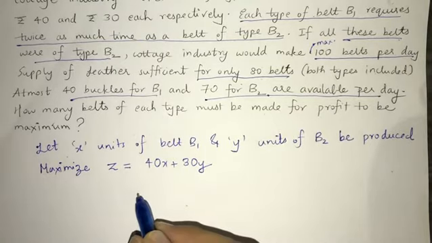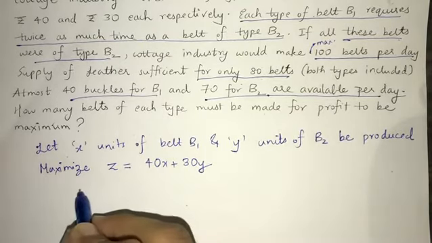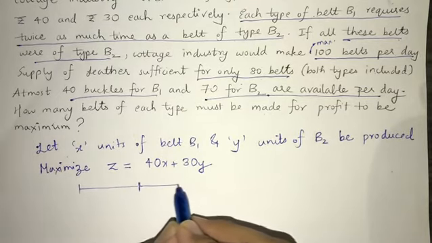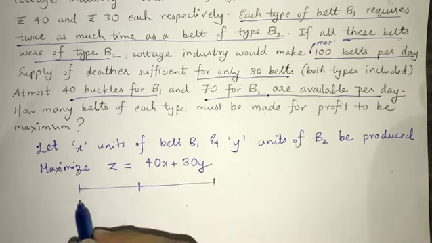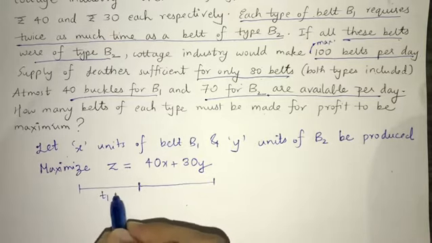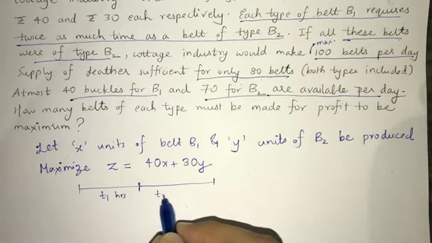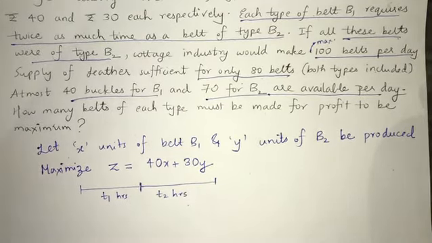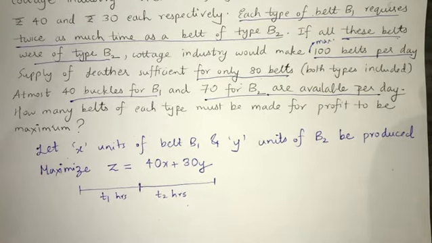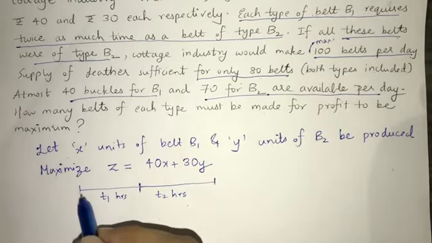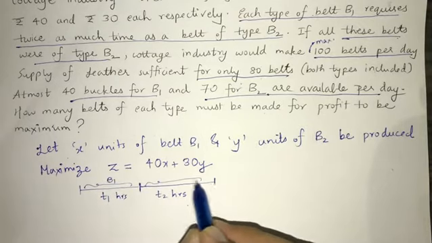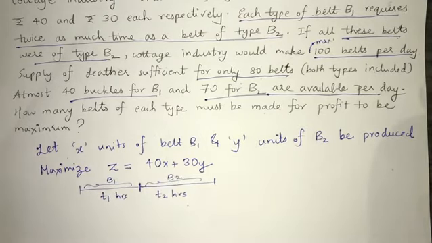So in certain time, for how much the company runs, say in a day we are working T1 hours on belt B1 and we are working for T2 hours on the belt of type B2. Okay, so here the production is happening for B1 belts, here the production is happening for B2 belts.